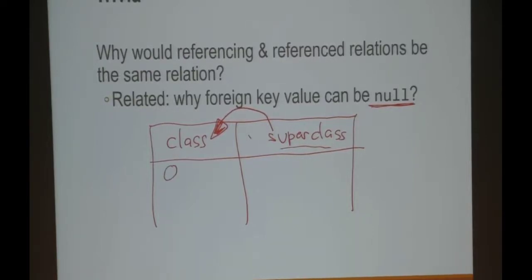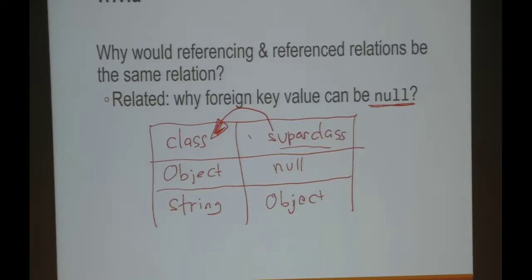To insert the Object class over here, it does not have a superclass. The only way you can insert it is if this is null. Now for everything else, let's say you have a string here. The superclass of a string is Object. This one is valid. So that's why the referencing and the referenced relation can be the same relation.